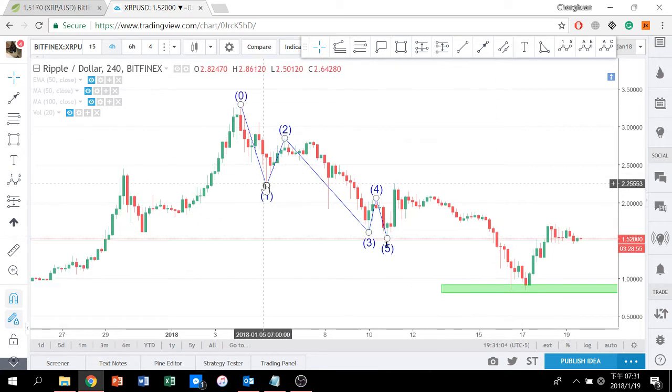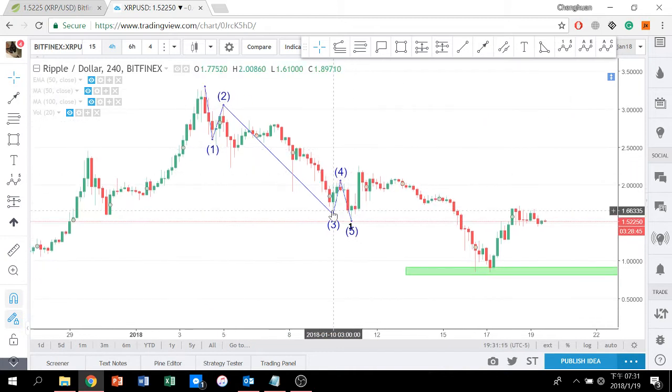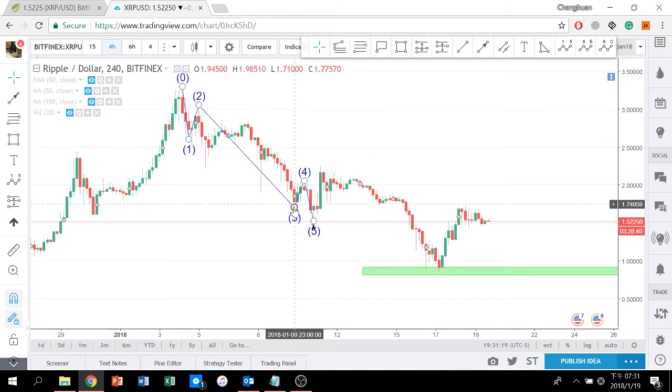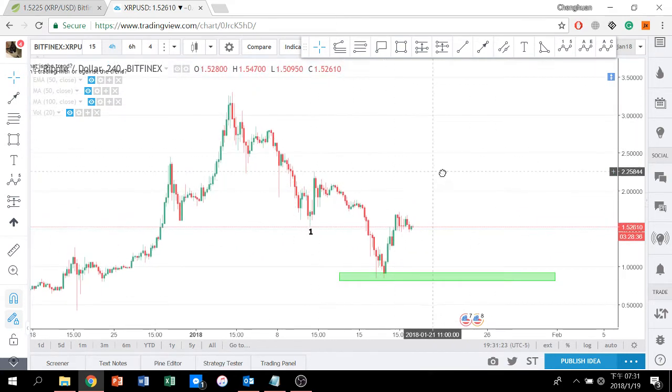So it could be quite subjective. You might draw it here. In that case, wave 2 will be here, right? But whatever happens, we can count the 5 waves. Agreed? Okay, so I would say this qualifies as an Elliott wave, the first wave.